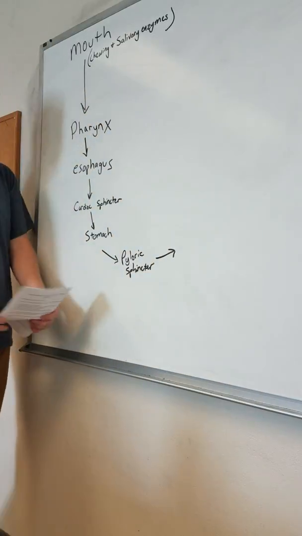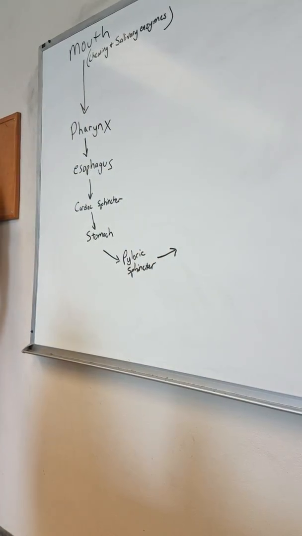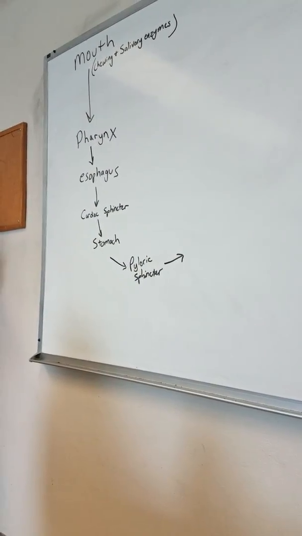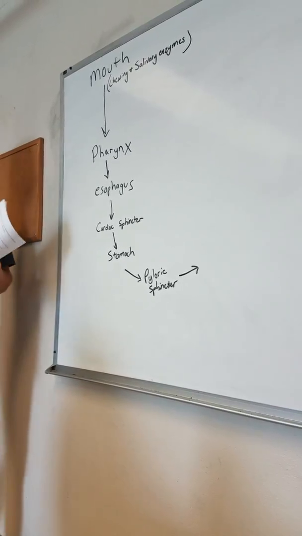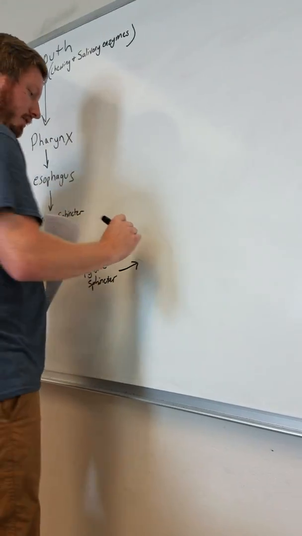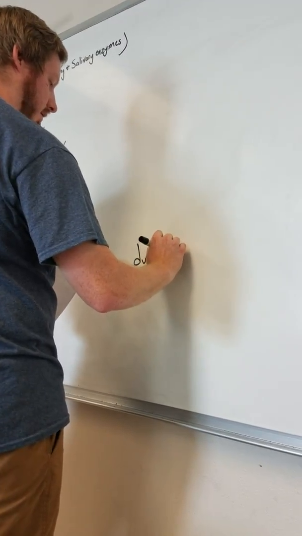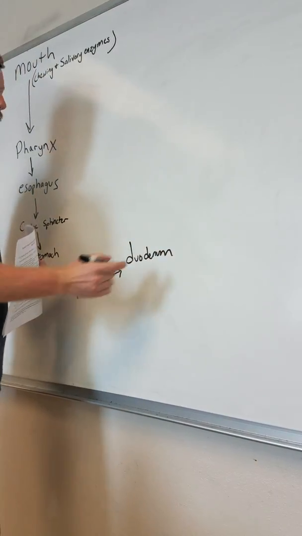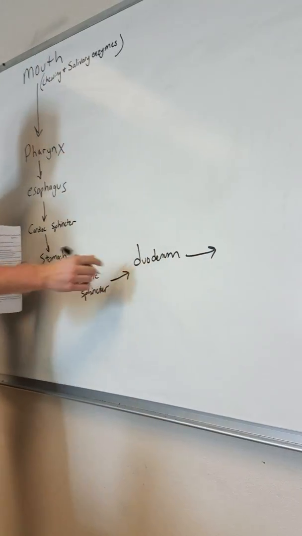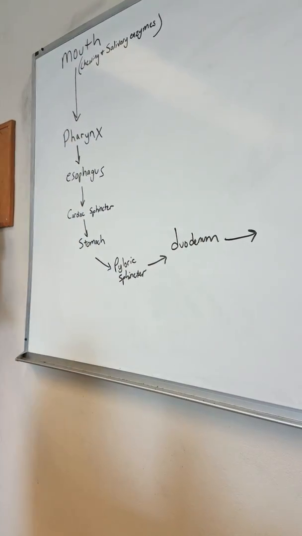All right, and once it goes through the pyloric sphincter, where are we? The small intestine, right? We're in the duodenum of the small intestine. Remember, at the duodenum, that's where most of the digestion happens.